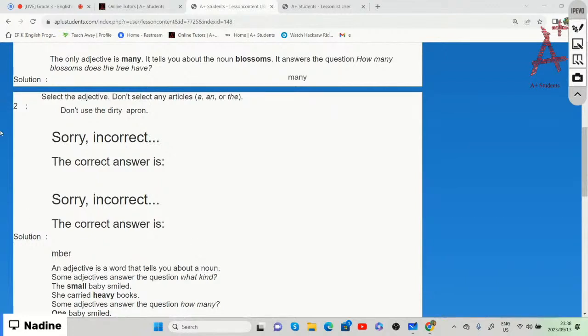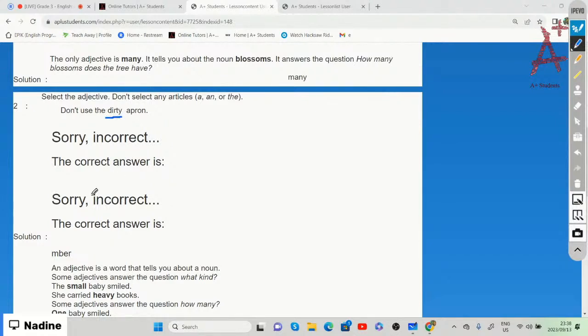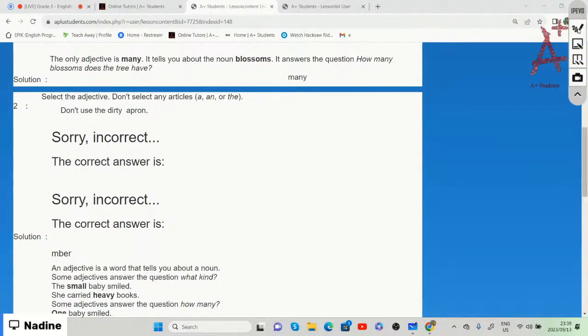So if we select the adjective within that sentence that describes the apron, it will tell us what kind of apron. We will say the dirty apron. And dirty tells us what kind of apron we shouldn't use. So the dirty one, don't use that one.